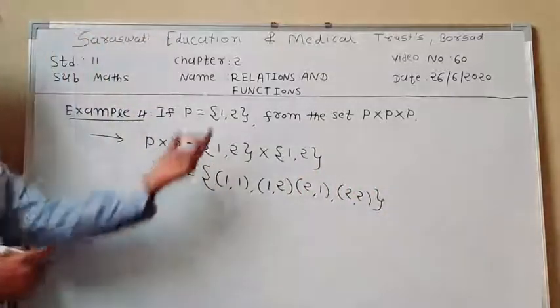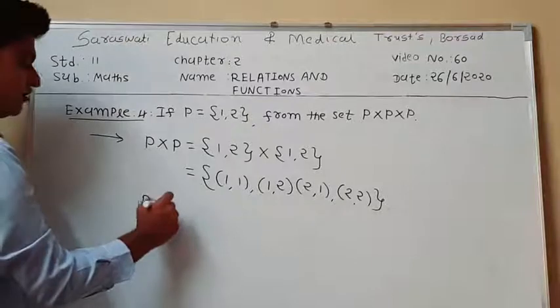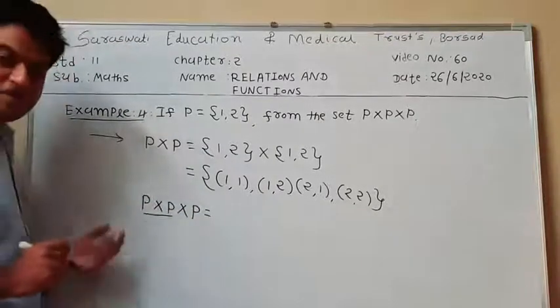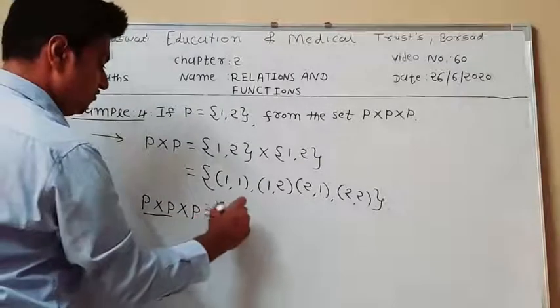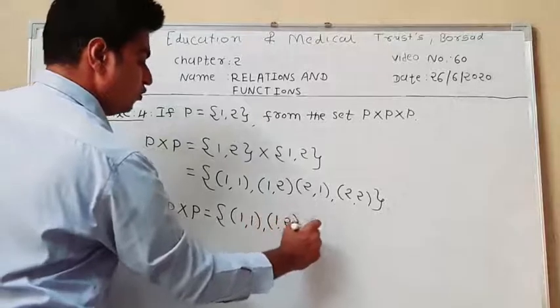Now find out P Cartesian product P Cartesian product P. Here we can write P Cartesian product P in place of the first two, which is (1,1), (1,2), (2,1), and (2,2), Cartesian product with the last P, which is the set {1, 2}.